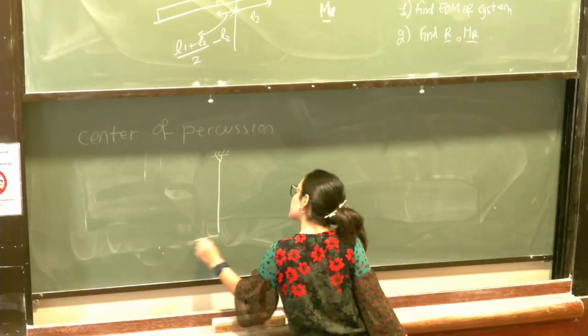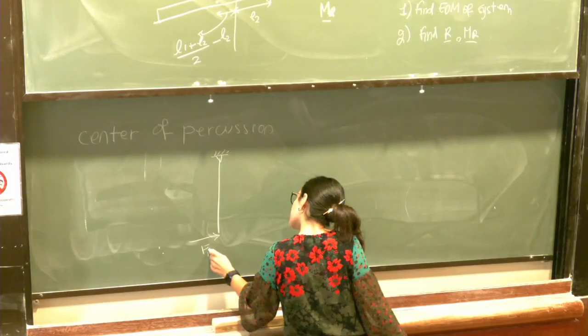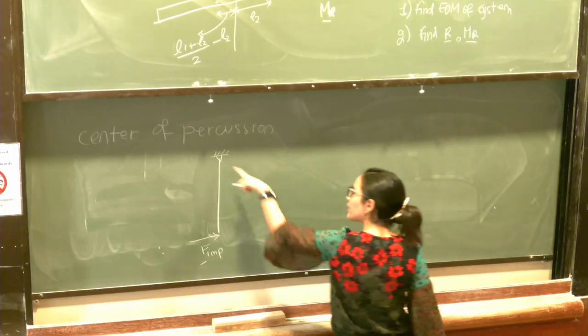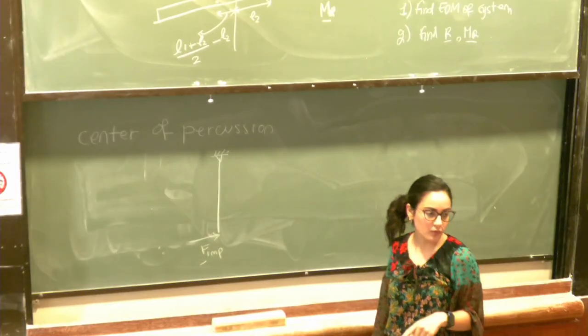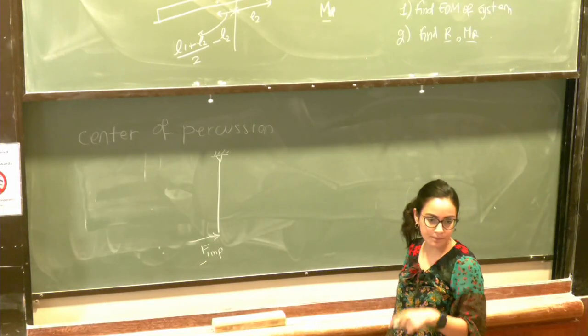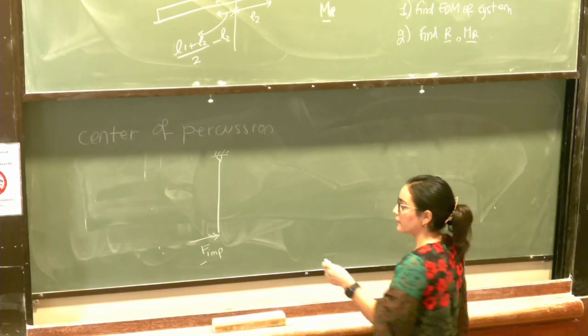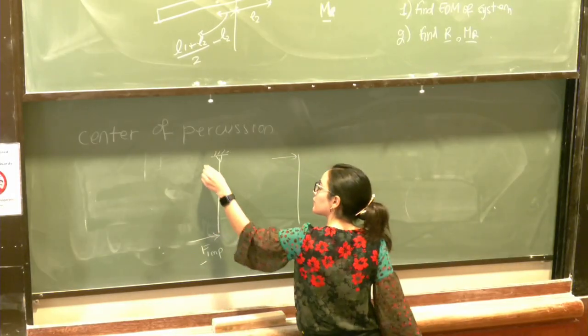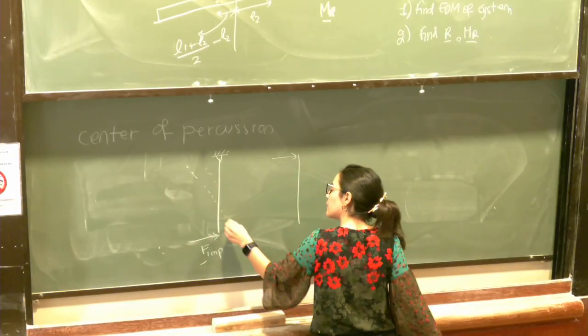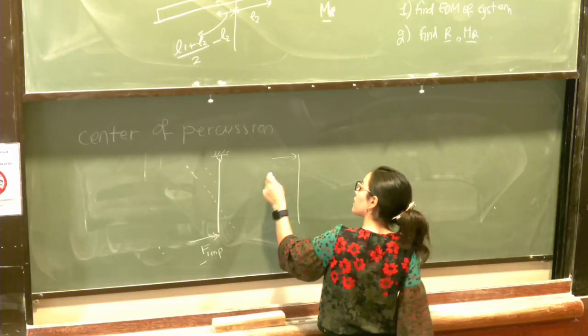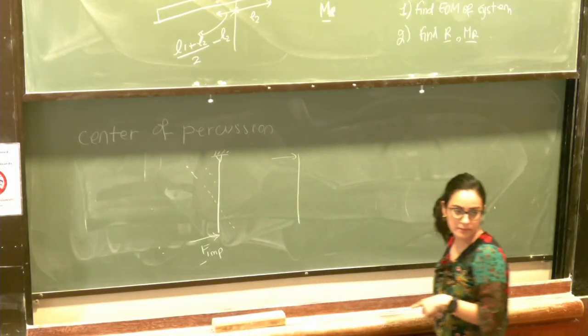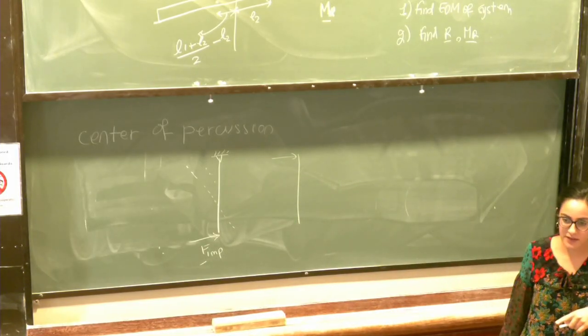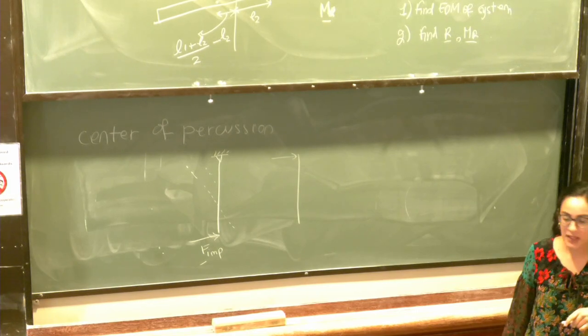I strike it here, sorry. What is the direction of the reaction force going to be due to my striking of the pen? It's going to be in this direction because the pen is going to tend to move like this, so my reaction force is going to be in this direction. Does that make sense? Do you see it? Test it, try it.